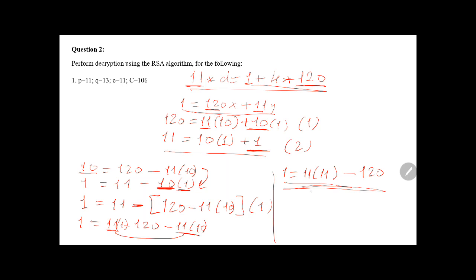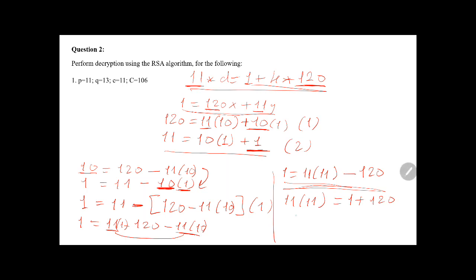It will be 11 multiplied by something, which is here 11, 11. And what I will do next, I will push the other things to the other side. I will push the 120 to the other side. It will be 1 plus 120. So this was 11 multiplied by d equal to 1 plus k times 120.